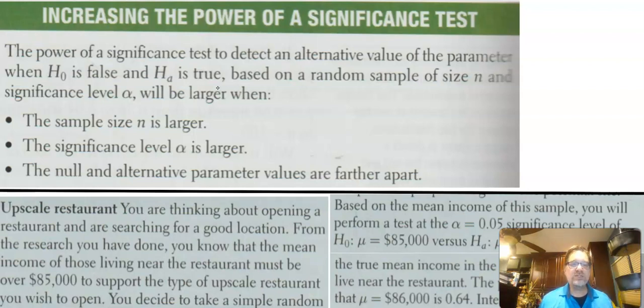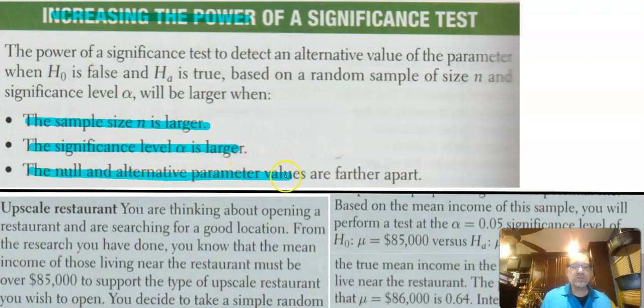The power of a significance test to detect an alternative value of the parameter, when the null hypothesis is false and the alternative is true, based on a random sample size of n and a significance level alpha, will be larger if you do one of these three things. So we want to increase the power.